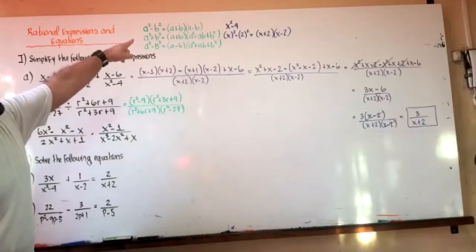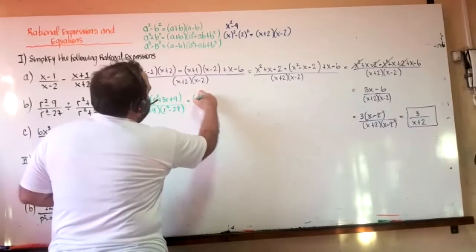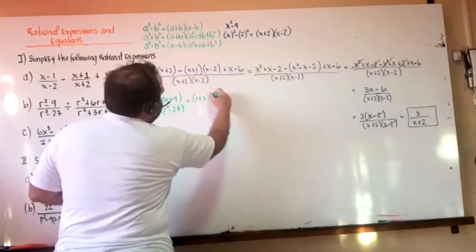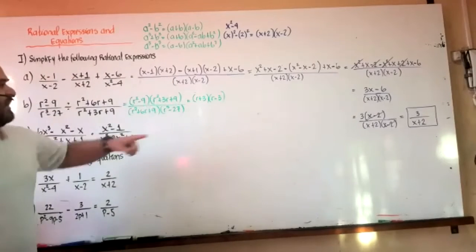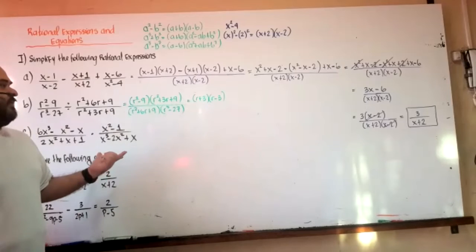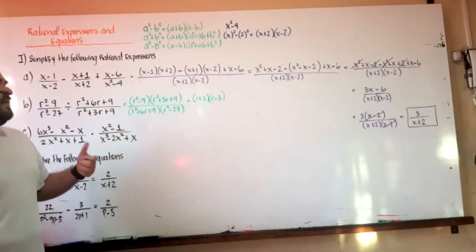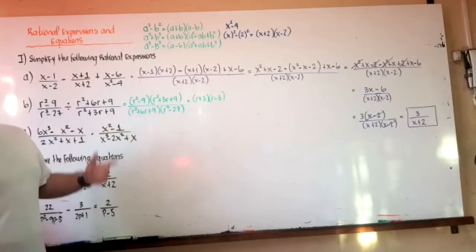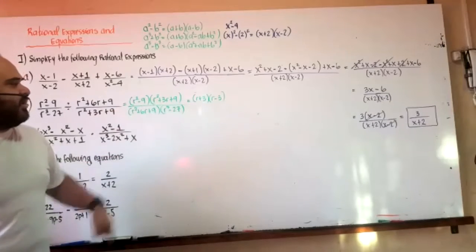So applying the special formula for the factor located over there, we get r plus 3, r minus 3. If you ask me about this trinomial, there's no way we can factorize it, because there's no way you can obtain two numbers whose product is 9 and whose addition is 3. There's no possibility to factorize this trinomial.